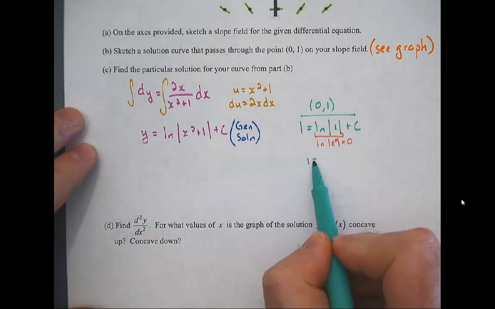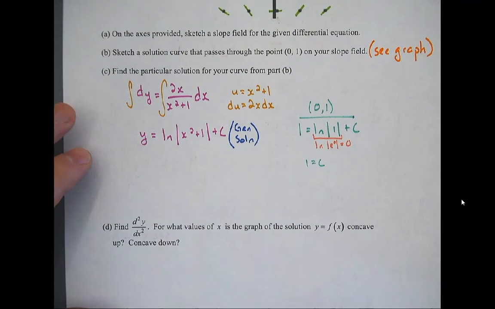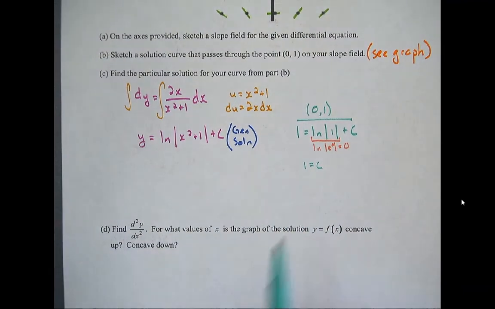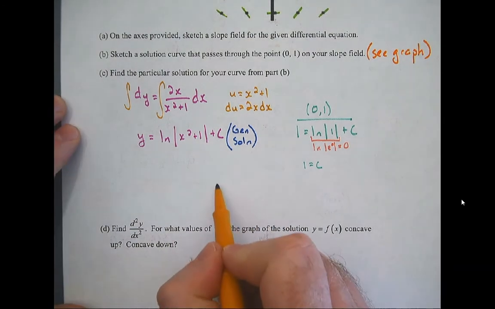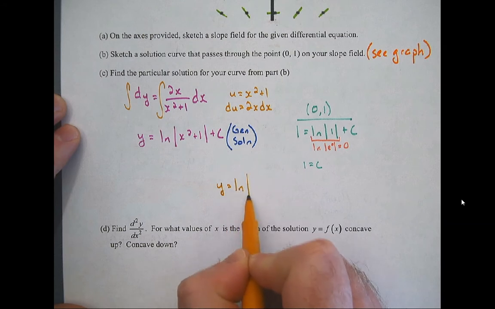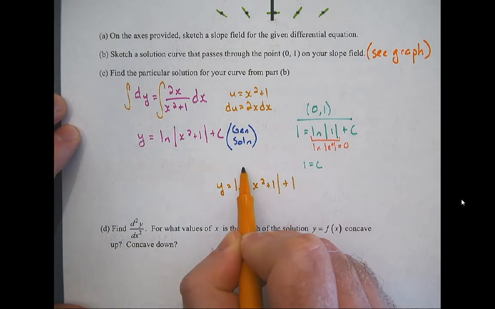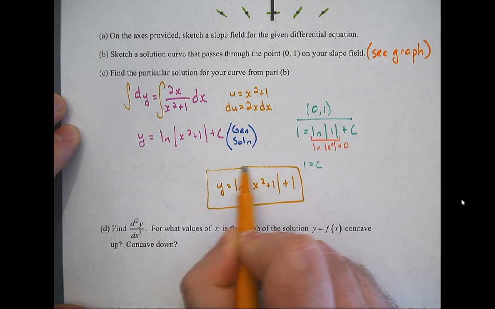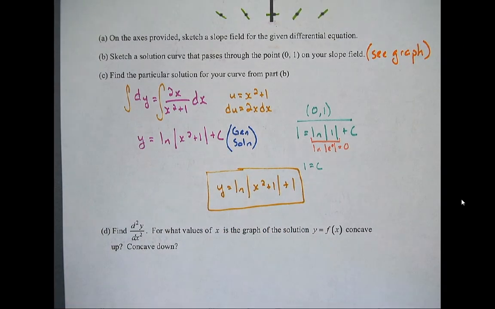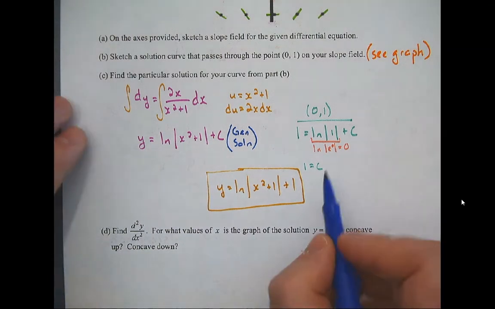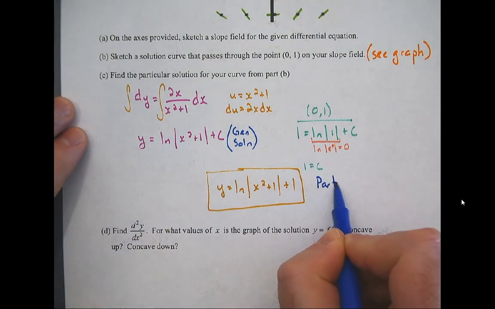So we get 1 equals C. So we can take our 1 and our constant, and our function now come together to make a particular solution of y equals natural log of the absolute value of x squared plus 1, plus 1. That is our particular solution.